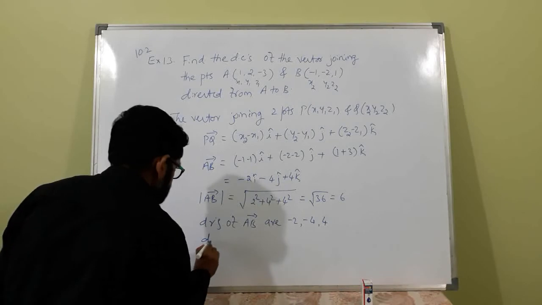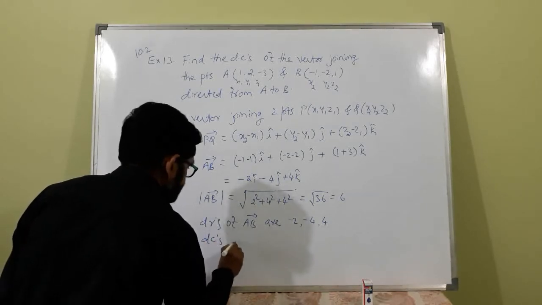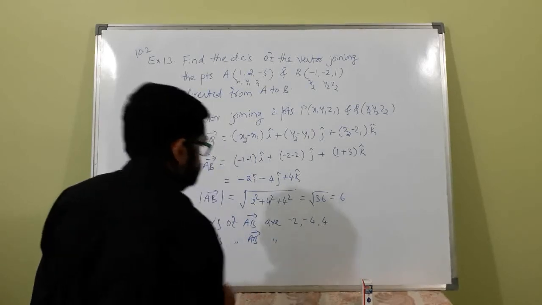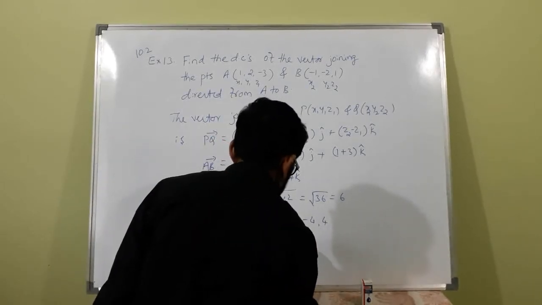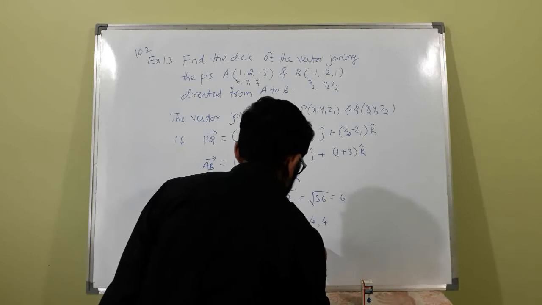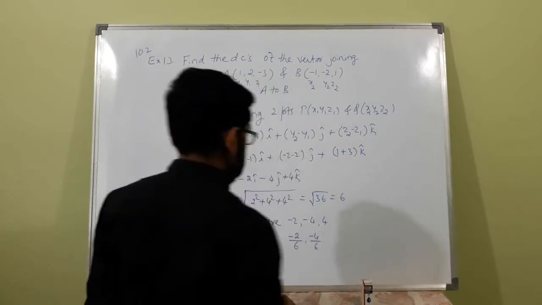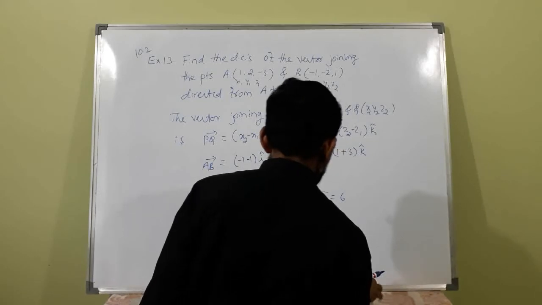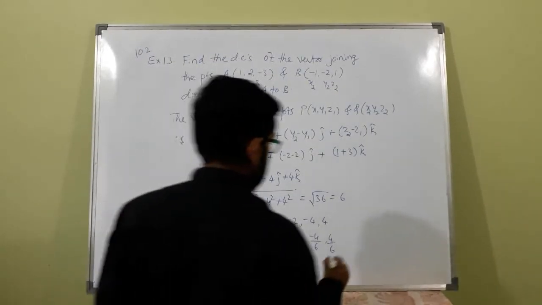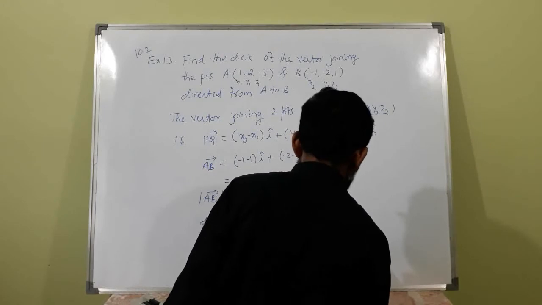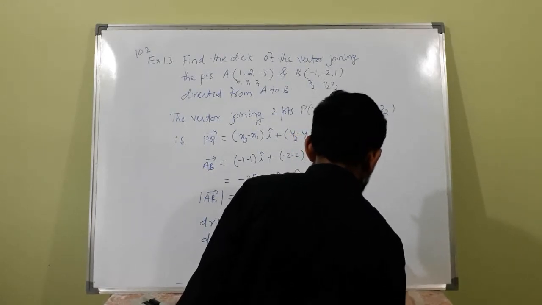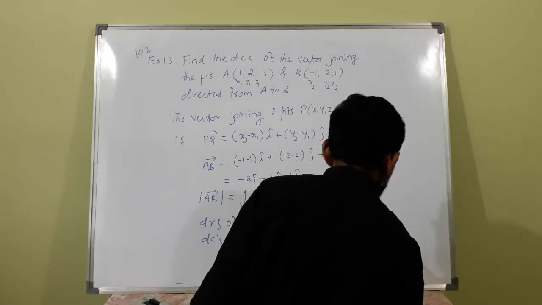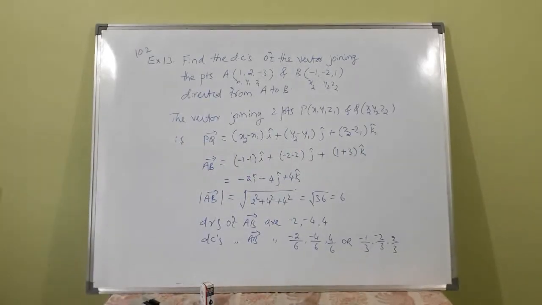So direction cosines of AB are minus 2 by 6, minus 4 by 6 and 4 by 6. Or if you simplify, minus 1 by 3, minus 2 by 3, 2 by 3. These are the direction cosines.